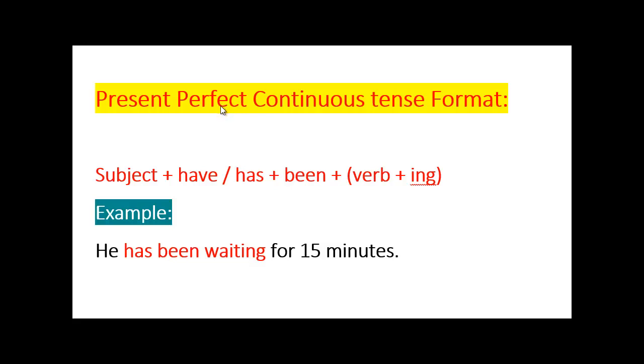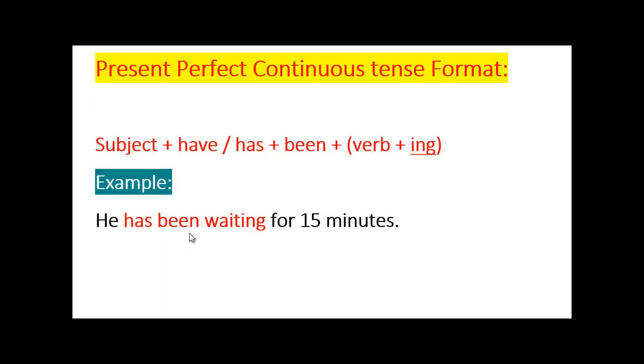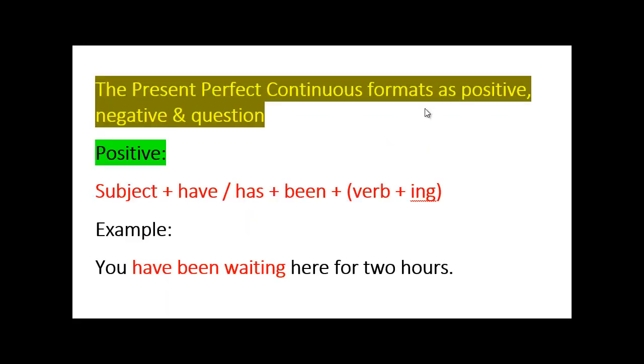We use had because it's past. But now we're talking about present perfect continuous, and that is the format for it. Take a look at it and remember it. Action started in the past and continuing till now, till the present. He has been waiting for 15 minutes.